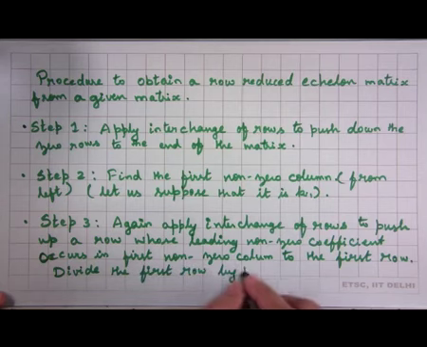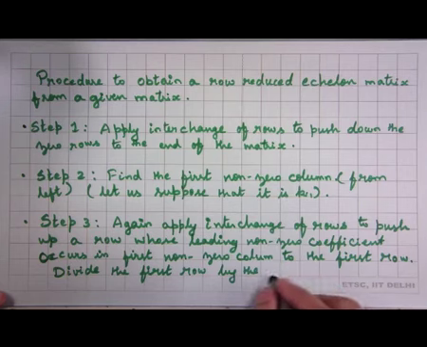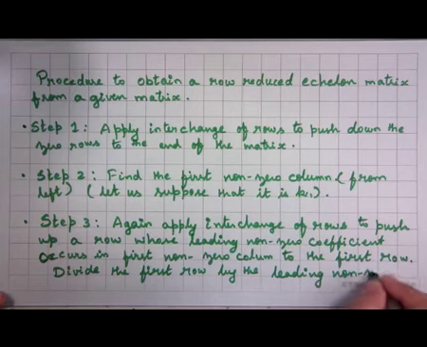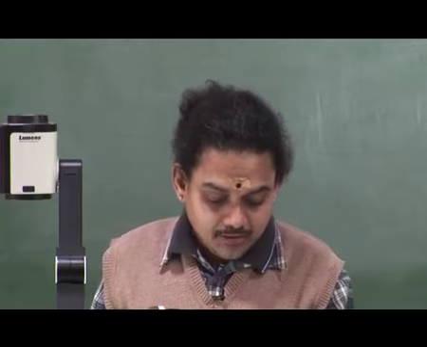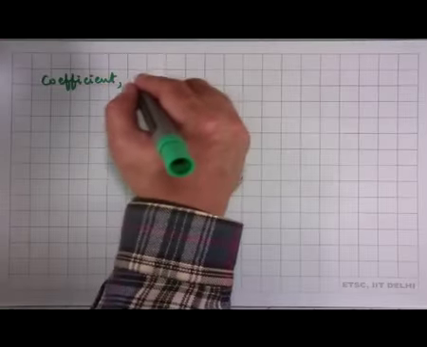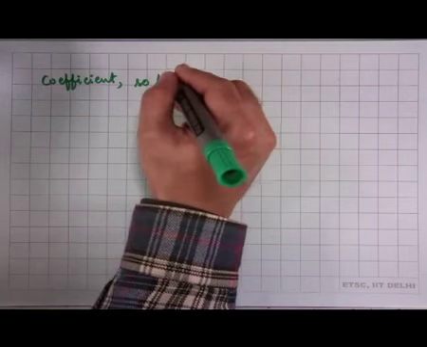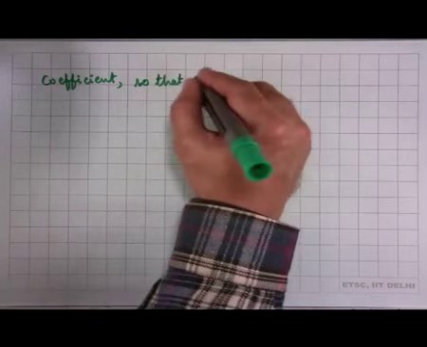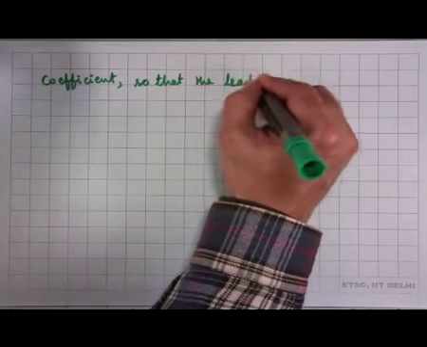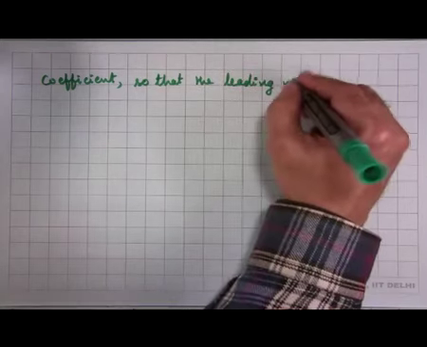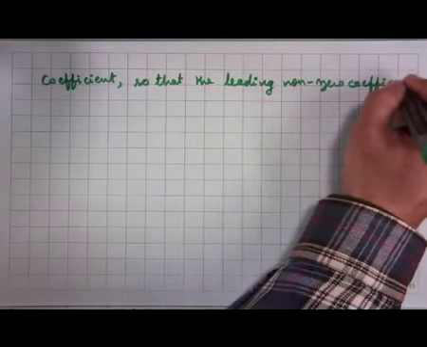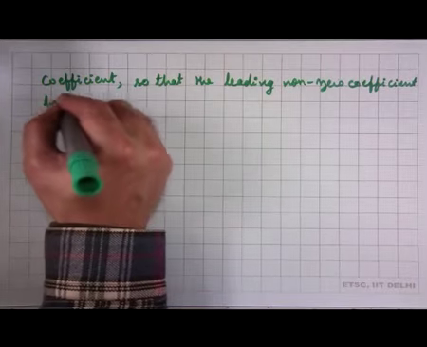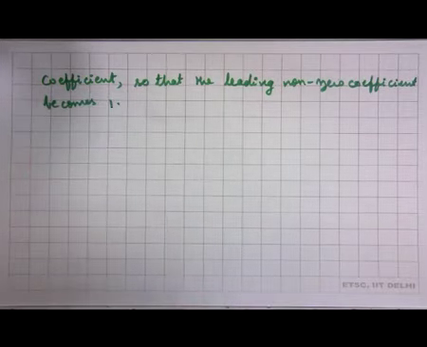Divide the first row by the leading non-zero coefficient, so that the leading non-zero coefficient becomes, I want that to be 1.